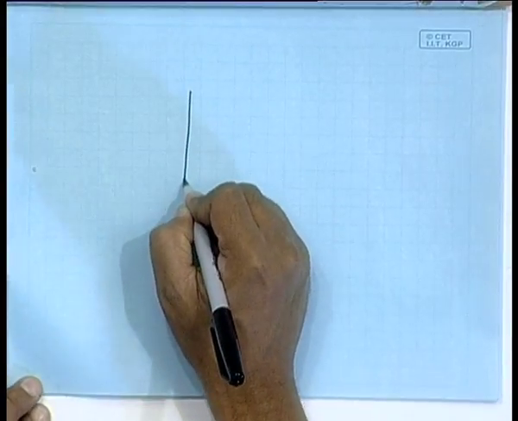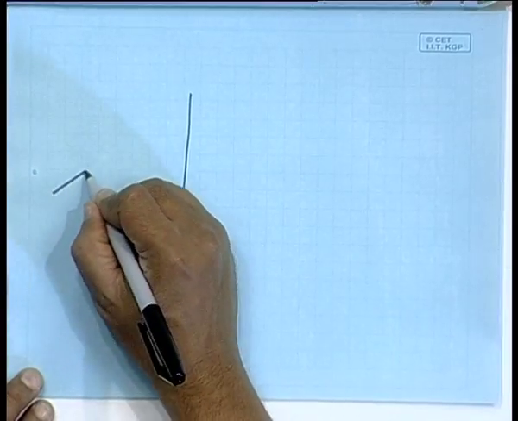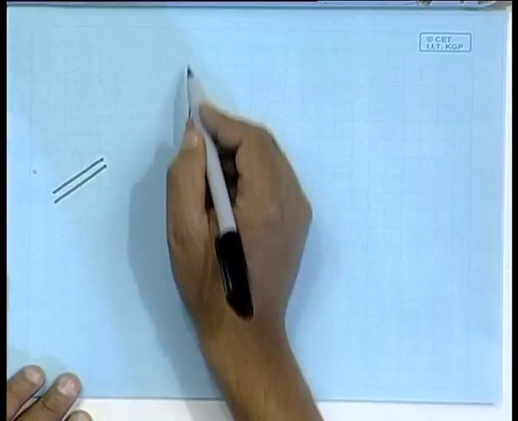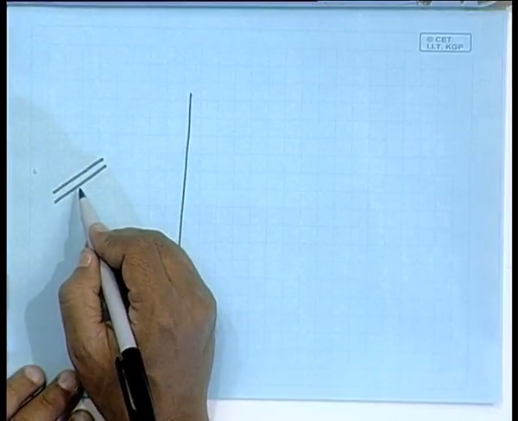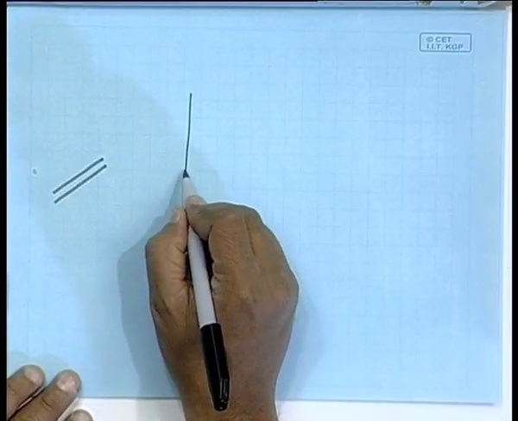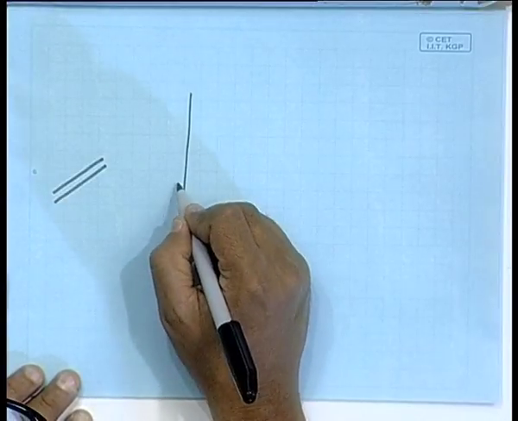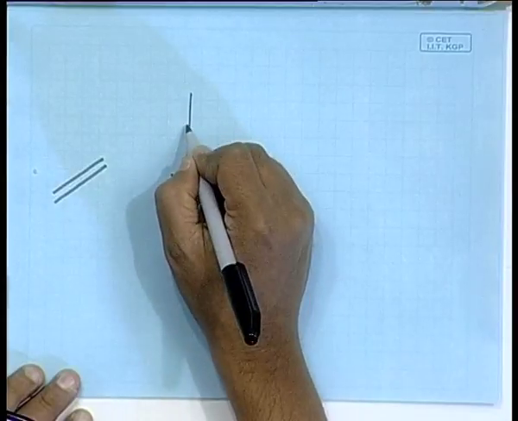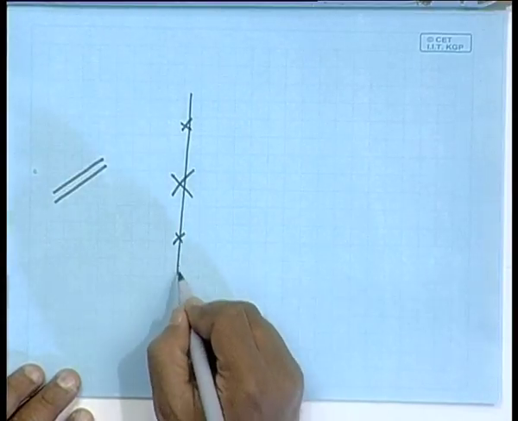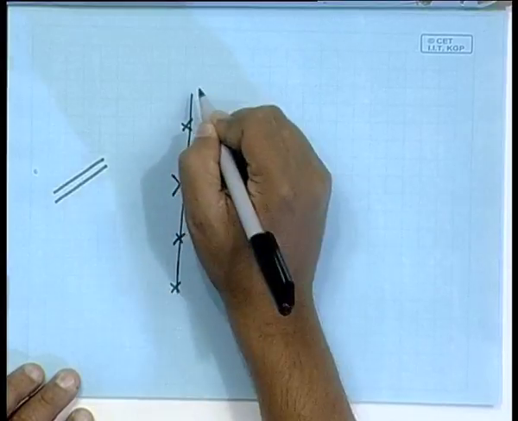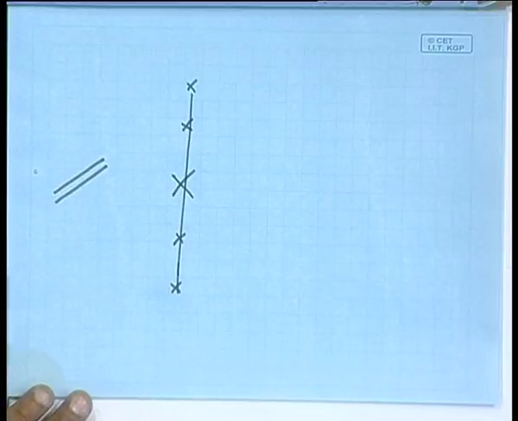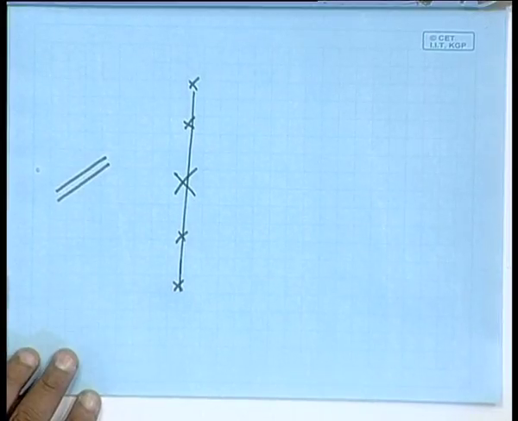If this is the slit, then along the smaller direction of the slit, you are going to get a bright spot here, and then a fainter bright spot, not as bright as the central one, and then a bright spot here. So, you are going to get a sequence of bright spots.